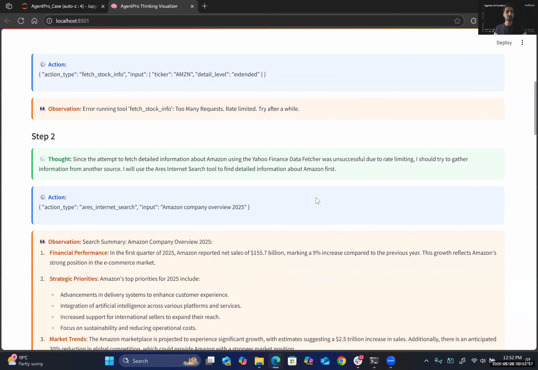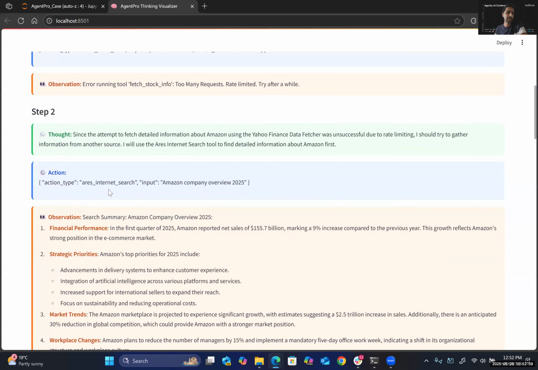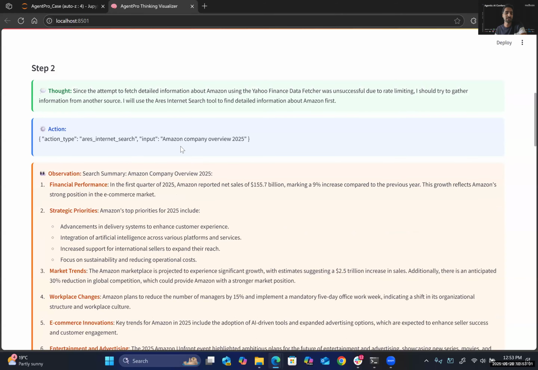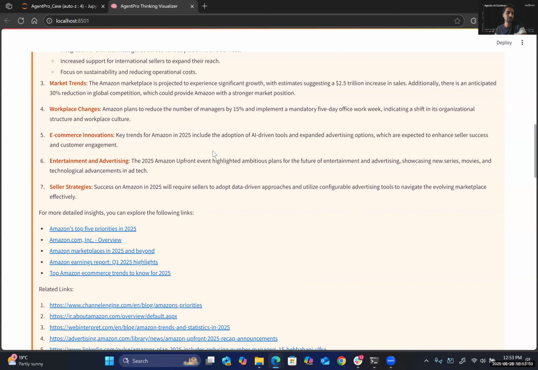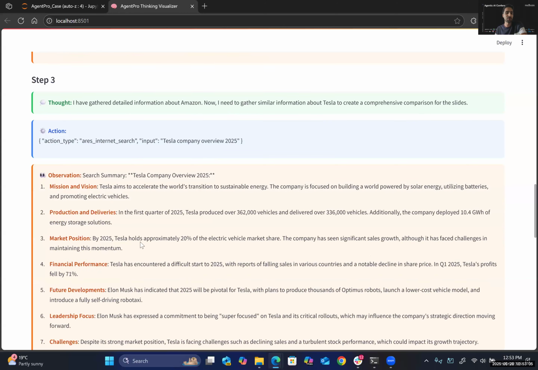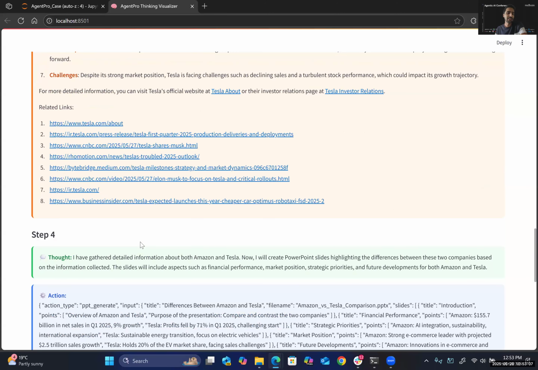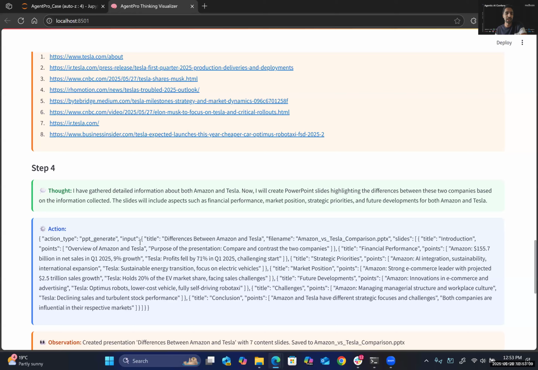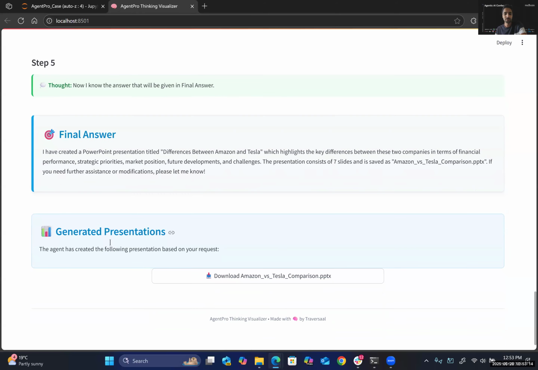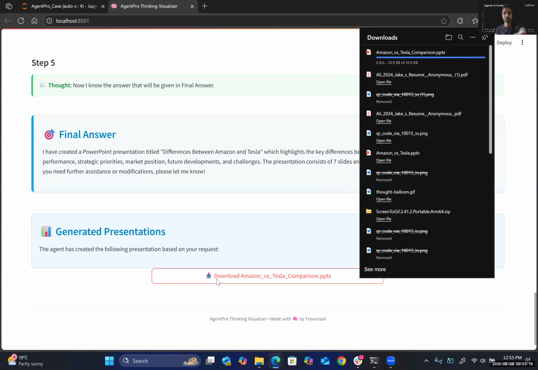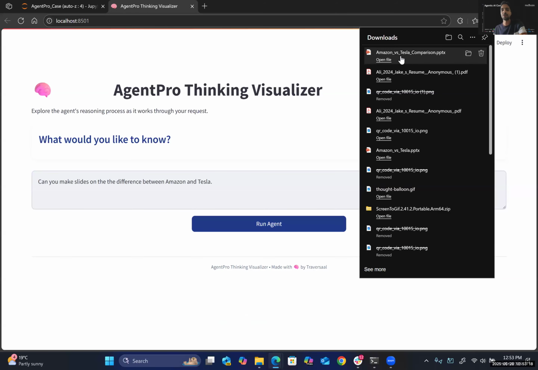So with the thought process, it actually relied on the Aries tool. First it fetched the information about Amazon, then it fetched the information about Tesla, then it gathered the information and used the PowerPoint tool to make the slides for us. And this is where we have the slides. Let's see how it looks.